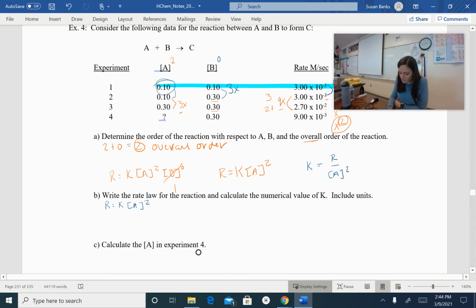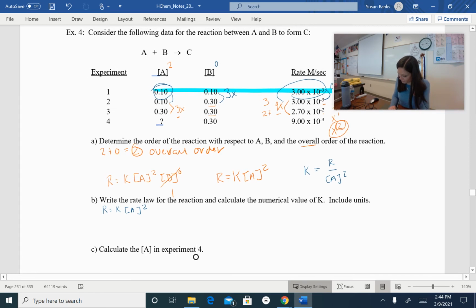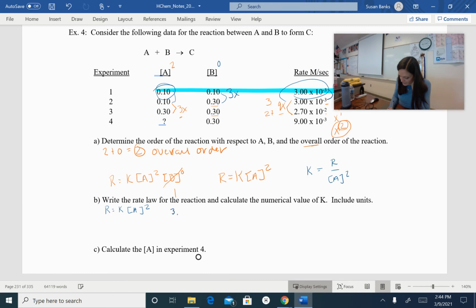So our concentration of A is 0.1, and our rate is 3 times 10 to the negative 3. So I'm going to have 3 times 10 to the negative 3, and I have molar per second, moles per liter per second.